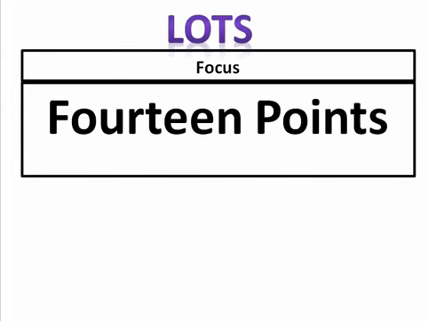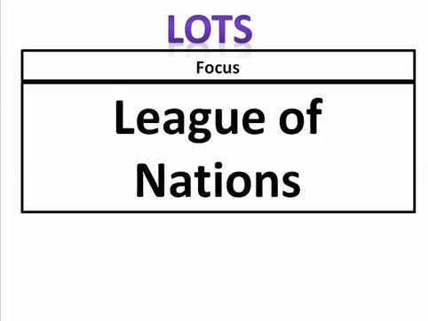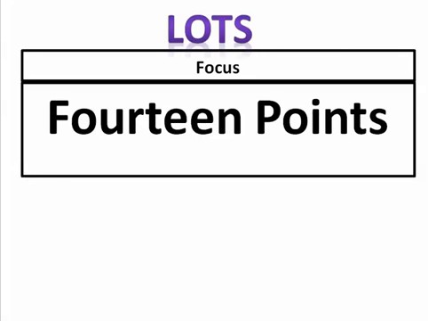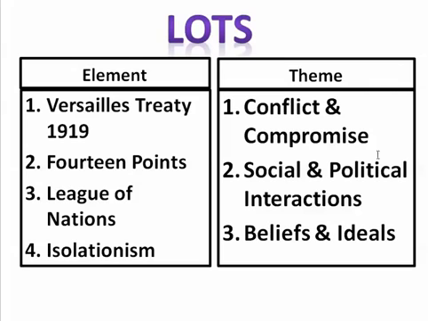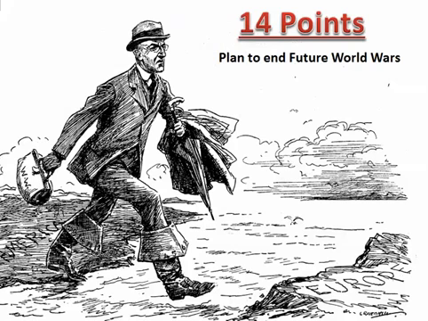So our focus is on the 14 points, and then the proposed League of Nations, which is a part of the 14 points. And then isolationism, that word isolationism, conflict and compromise, social and political interactions, and beliefs and ideas like isolationism. Wilson had a plan to prevent, let's say prevent.